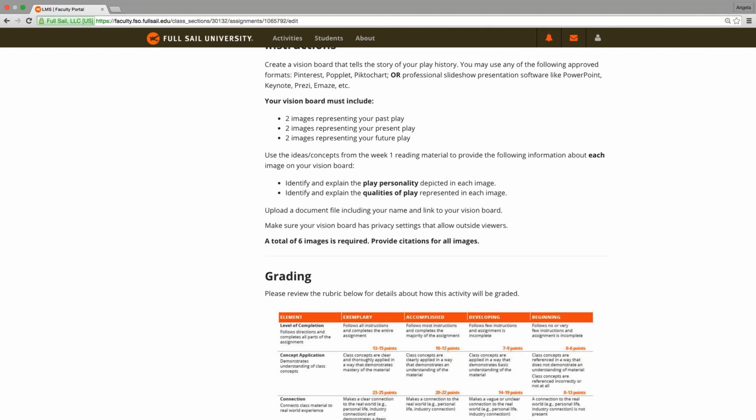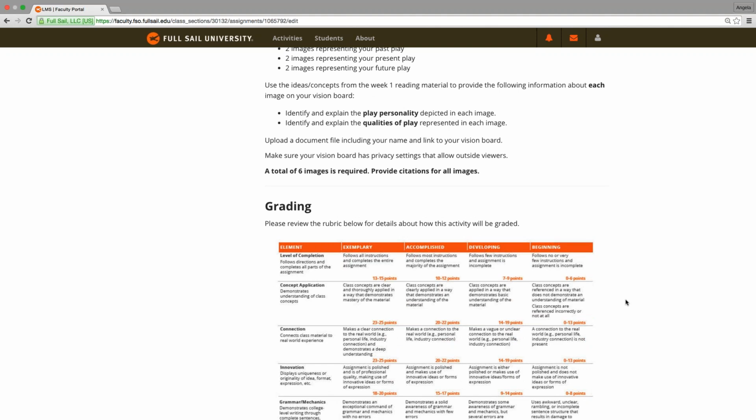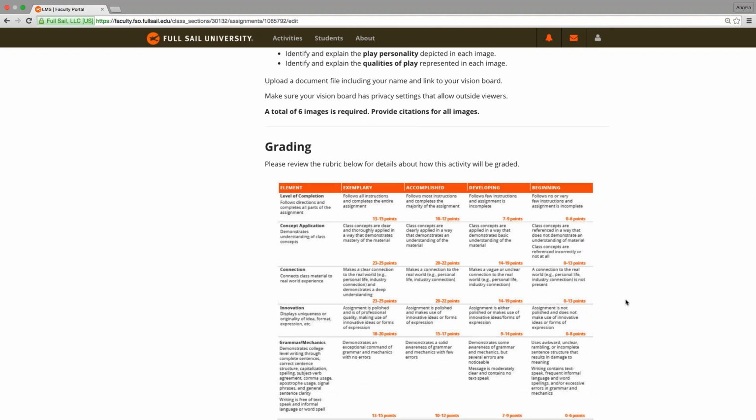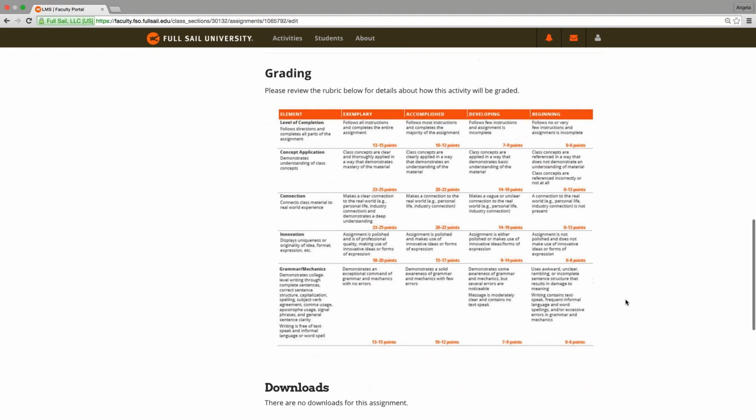Okay, also along with your play personality, why that play personality? Why do you feel like that was depicted in this image? And what do you think that means to you? What did you learn or grow? Or what's the takeaway? All right, so this is meant to be very visual in nature, but with descriptions attached. So I would choose the program that you feel best is enabling you to do that.